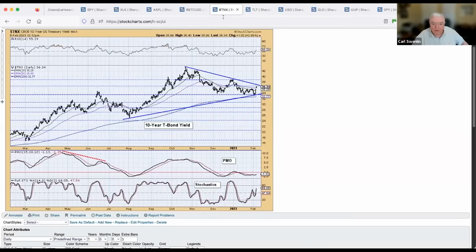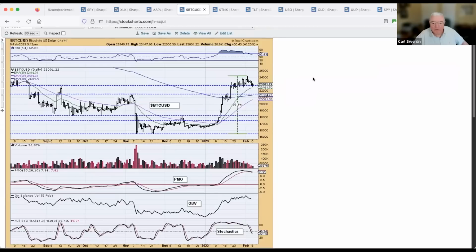If we look at the 10-year Treasury yield, it's up today almost 3%. Bitcoin, a very nice rally, 56% to this high here, and it's pulling back. It's kind of around the top here.